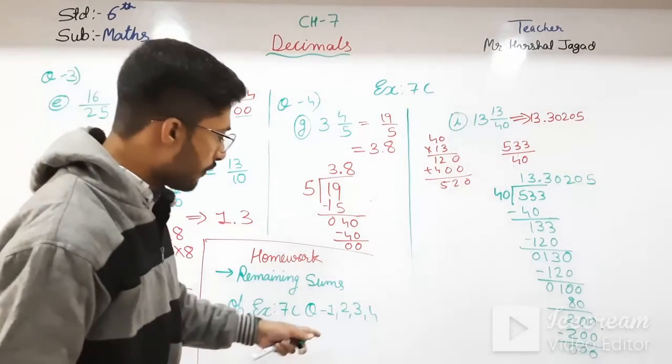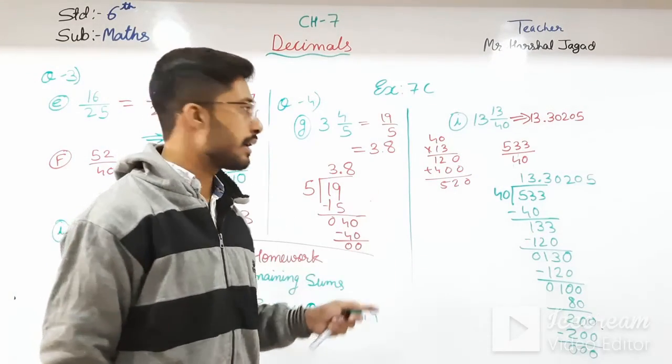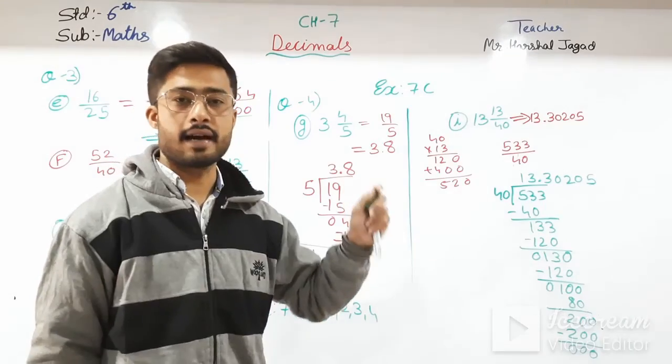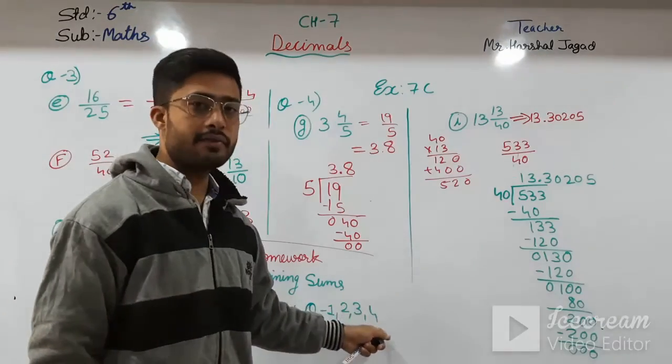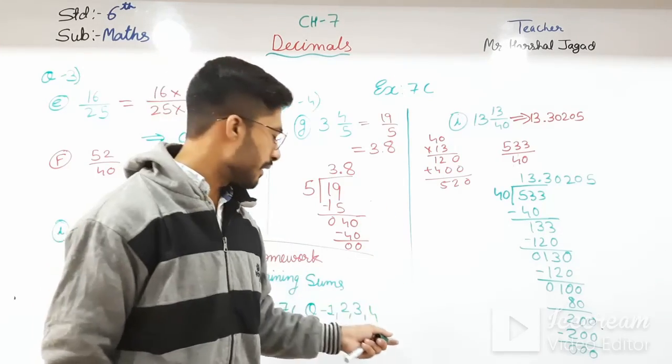And in the next video I will do another 2 to 3 sums from question 4, because I think this question number 4 is hard for you. You just try first of all.